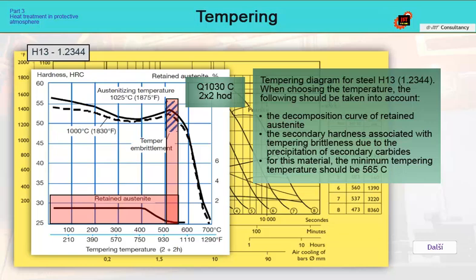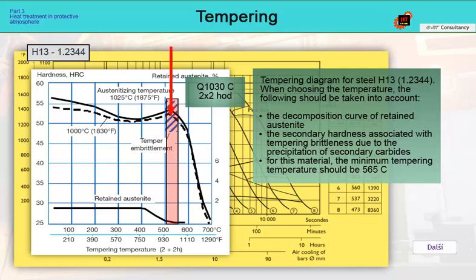Therefore, such steel should be tempered at high temperatures, ensuring full transformation of the retained austenite. The secondary hardness region indicates that significant precipitation of alloying element carbides occurs in the steel at these temperatures. The external manifestation of this phenomenon is an increase in hardness.